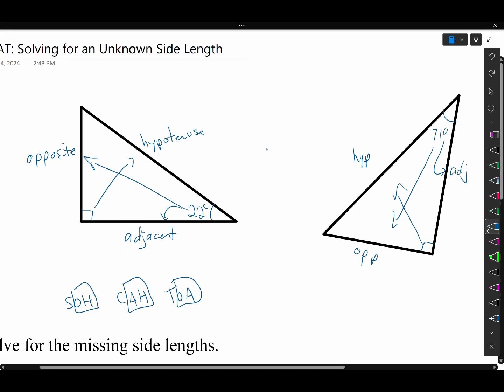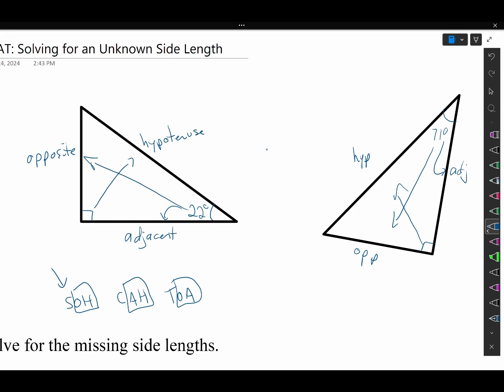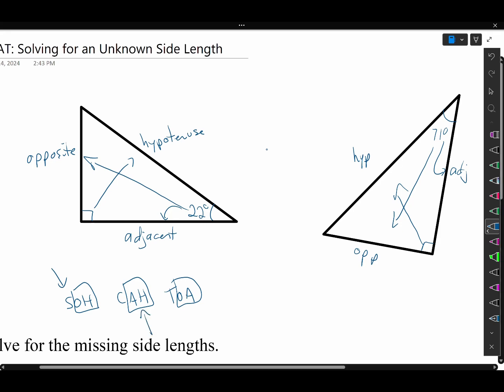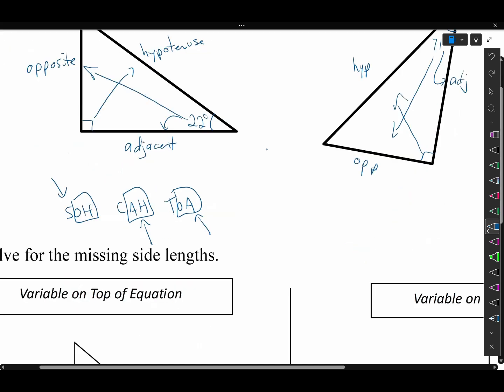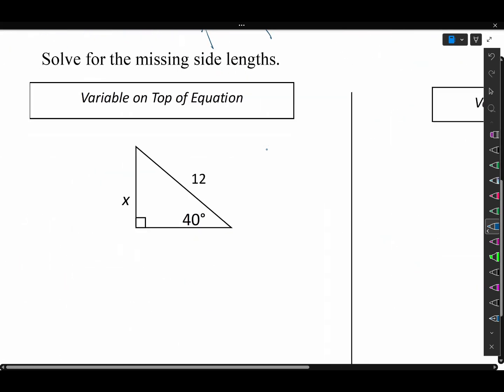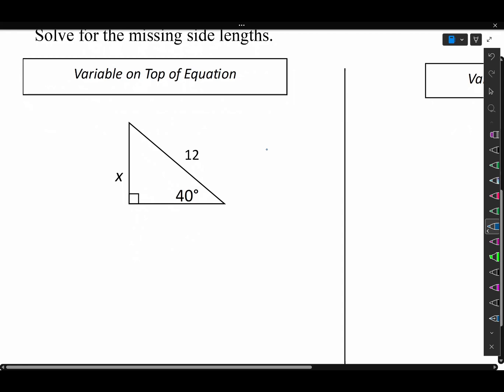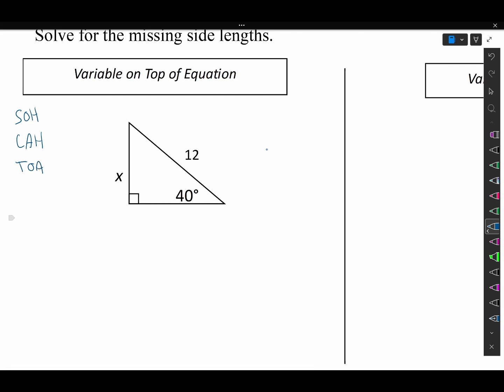So whenever we're working with a triangle, we'll be using an equation from SOH, or from CAH, or from TOA, depending on which sides we're working with. So let's work right here. Remember, we're using SOH CAH TOA. And from here, we're going to start off by labeling what we have.